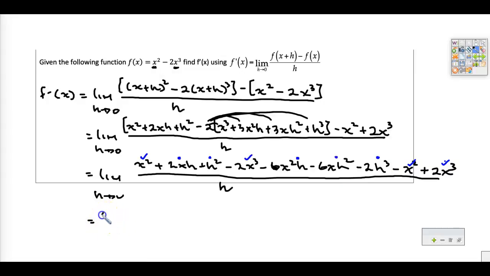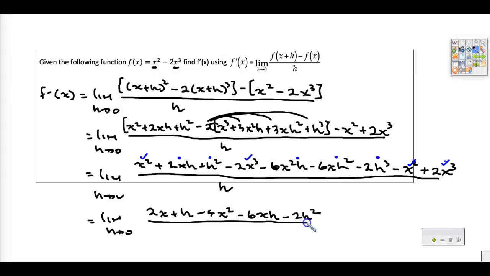So then when you write that down, you have the limit as h approaches 0 of, in parentheses, 2x plus h minus 6x squared minus 6xh minus 2h squared, times h, all over h. And so the h's are going to cancel.